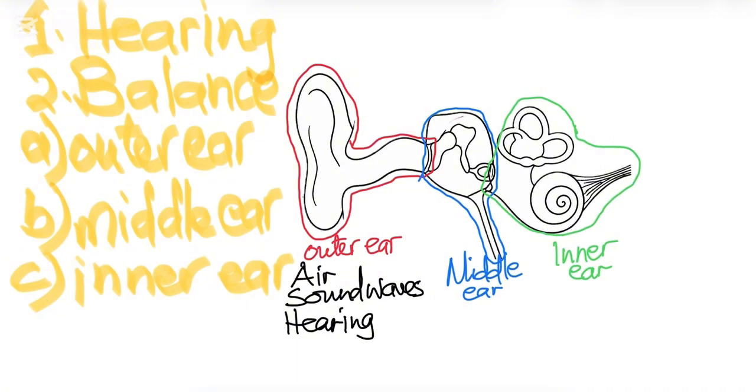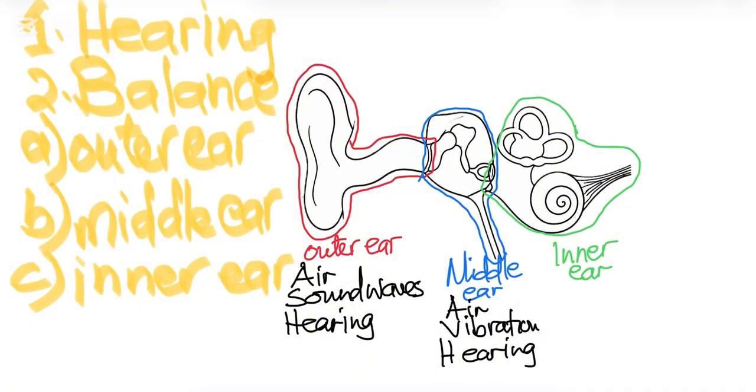Right? With the middle ear, like the outer ear, it is filled with air. The stimulus or the stimuli would be the vibrations that we find there, and it is also involved in the hearing process.